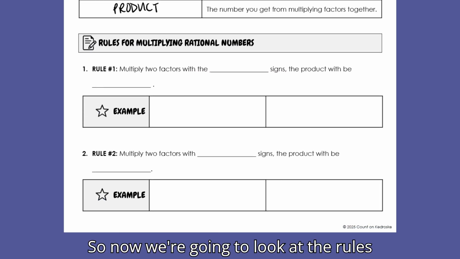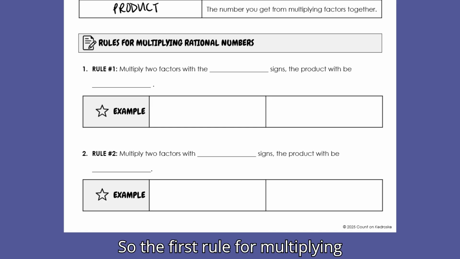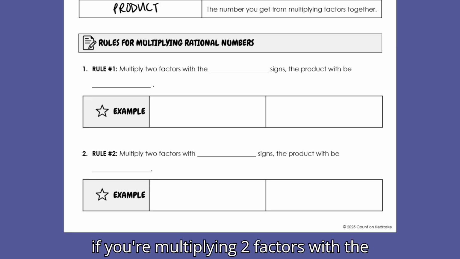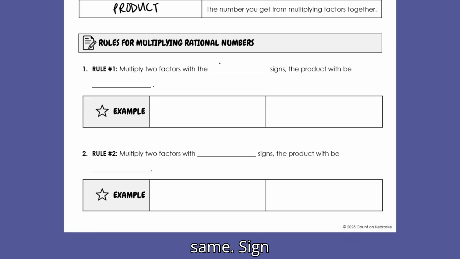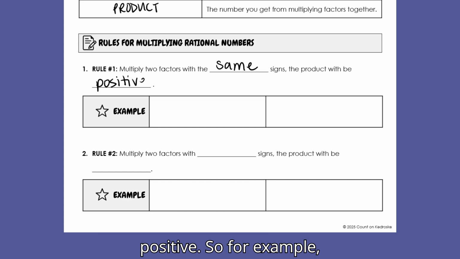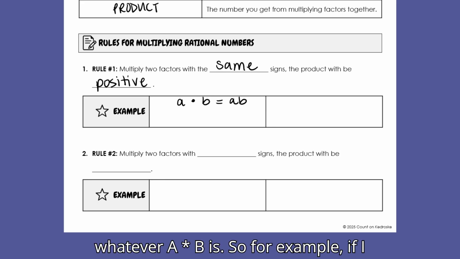Now we're going to look at the rules for multiplying rational numbers. The first rule is that if you're multiplying two factors with the same sign, then the product is going to be positive. For example, if I am multiplying A times positive B, my product will just be a positive AB, or whatever A times B is.